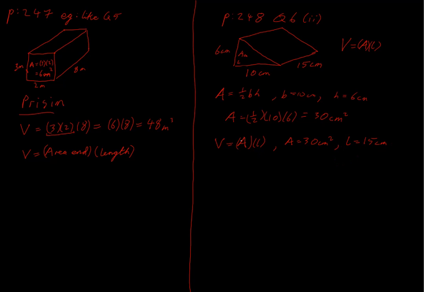So if I multiply these two things together, I'm going to get the volume I want. So volume is equal to area multiplied by length, and when I put that in my calculator, I get that it is 450 centimeters cubed. Again, volume is going to be units cubed.